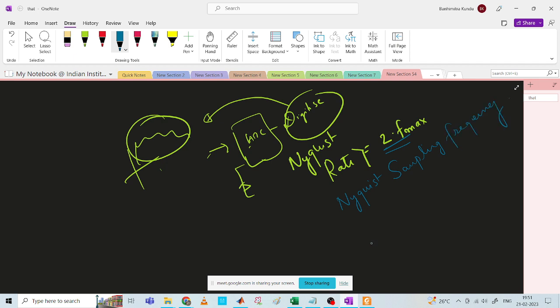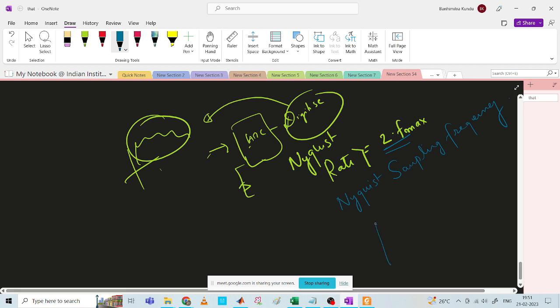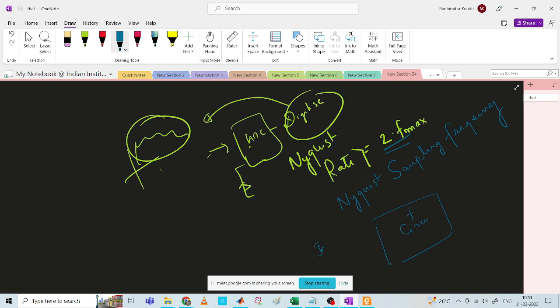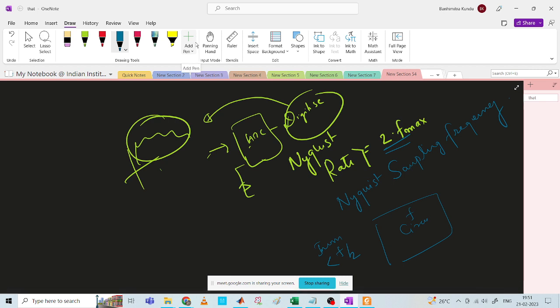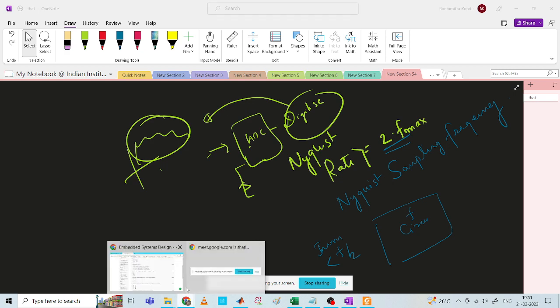For example, let's say you have a circuit which is working at f, so you have to make sure that your incoming signal is less than f by 2. This is called the Nyquist sampling frequency. Is it okay? Okay, sir.